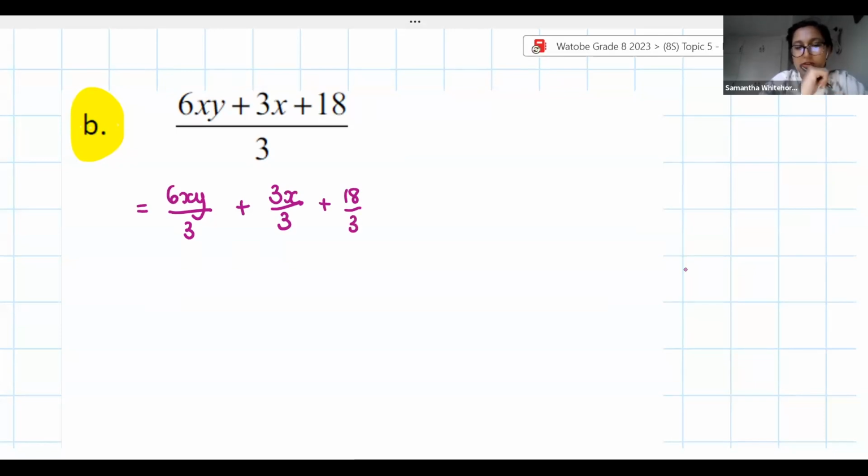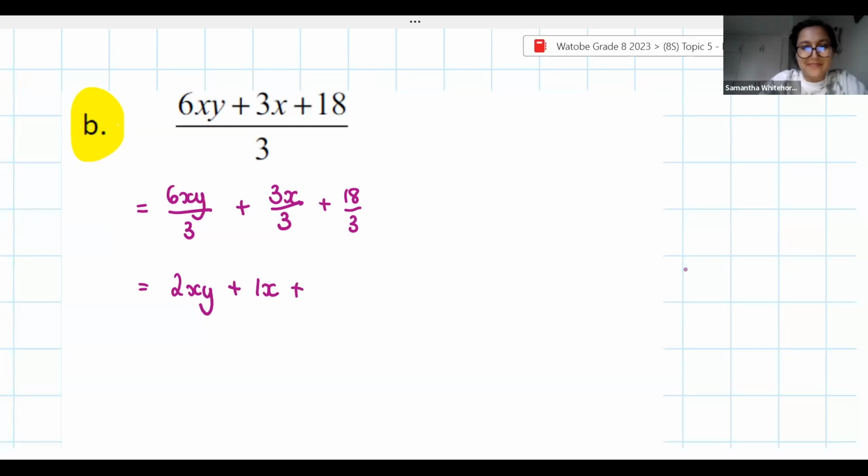Then after, ma'am, I said 6 divided by 3, which gave me 2. So I added the variables and it gave me 2xy. Good. Then I said plus 3 divided by 3 is going to give me 1. So I wrote 1x. Good. Then I wrote plus.